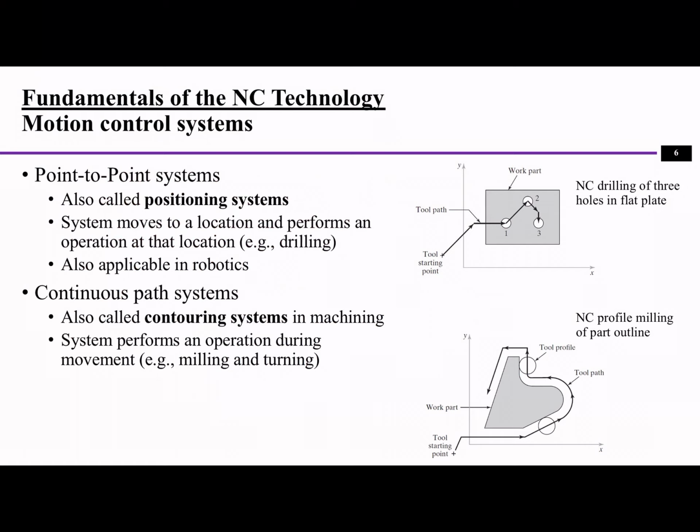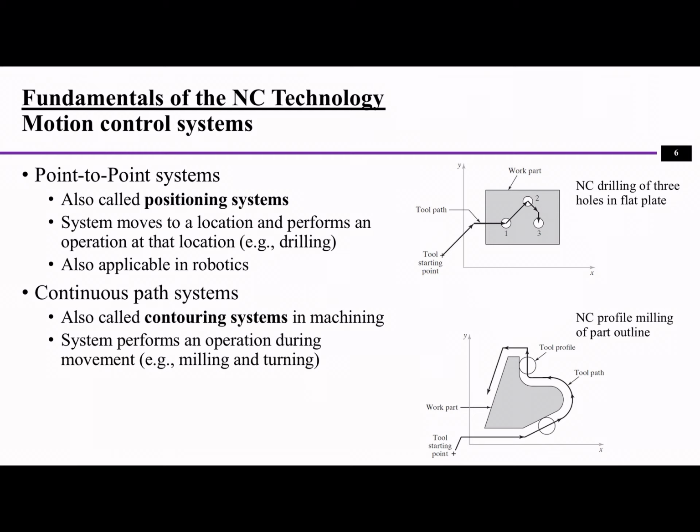Next, let's look at the motion control systems. There are two different kinds of motion categories. One is the point-to-point system. The other one is the continuous path system. The point-to-point system means the tool moves from one point to another point as a straight line, right?